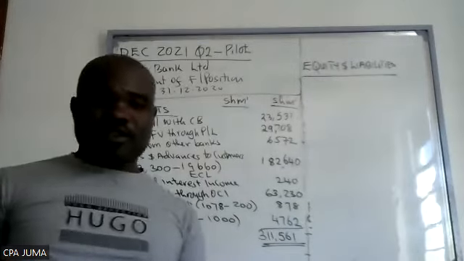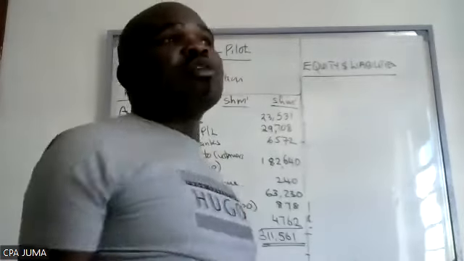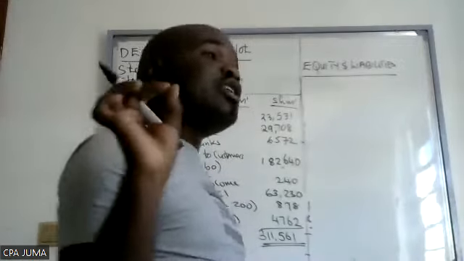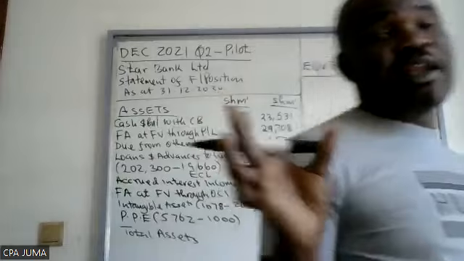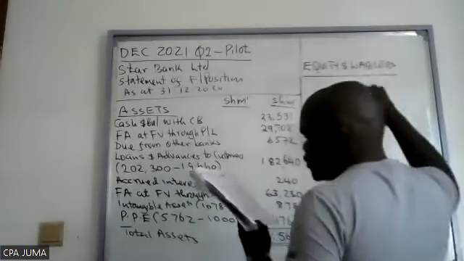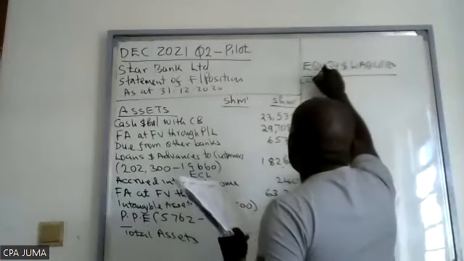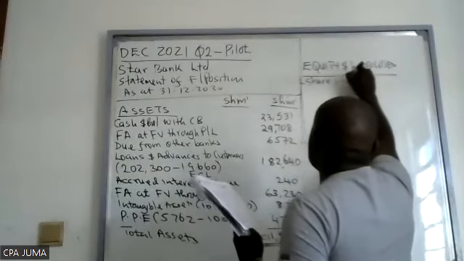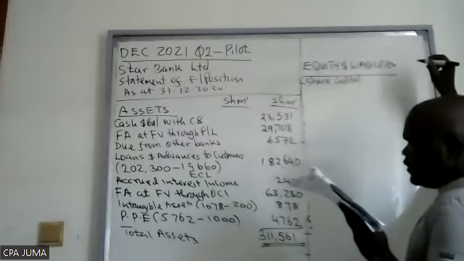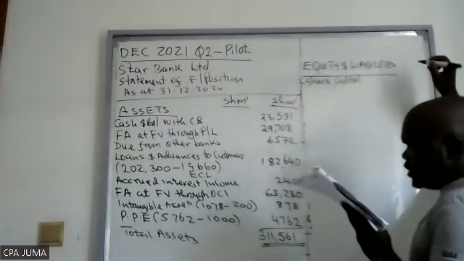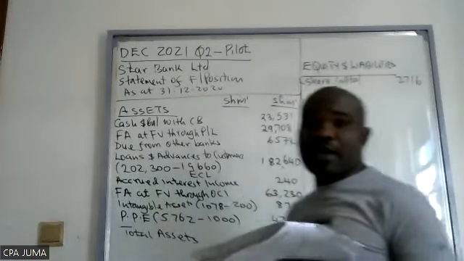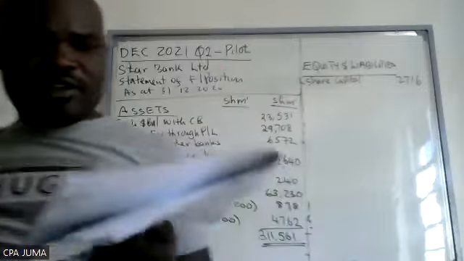Equity and liabilities. The ordinary share capital, share premium, retained earnings, any reserve in this world is equity unless otherwise. So we start with share capital. Share capital is in the schedule down there, 2716.